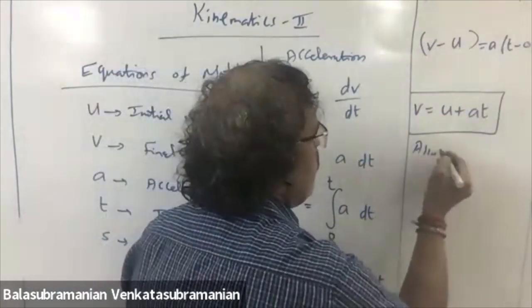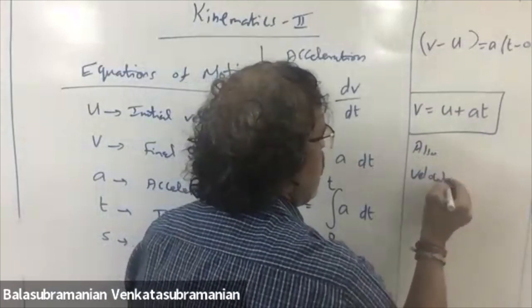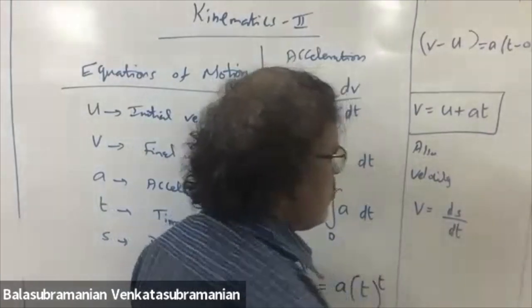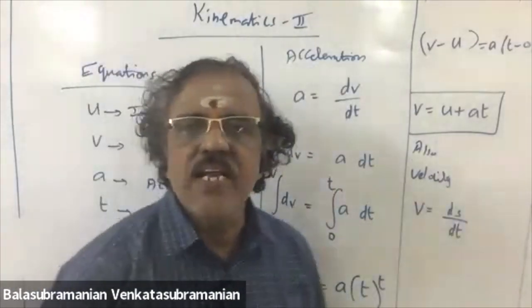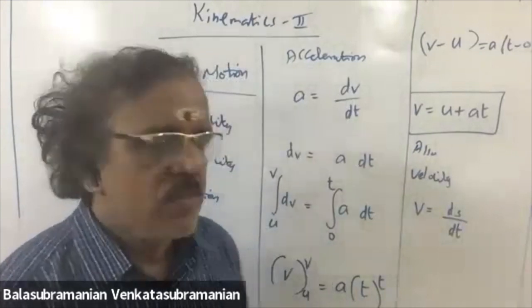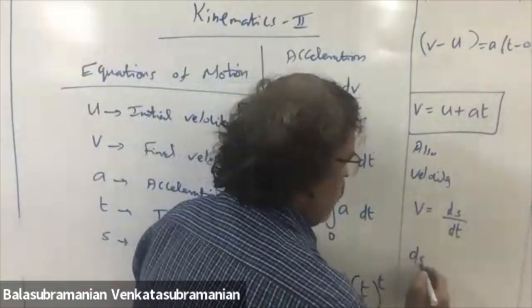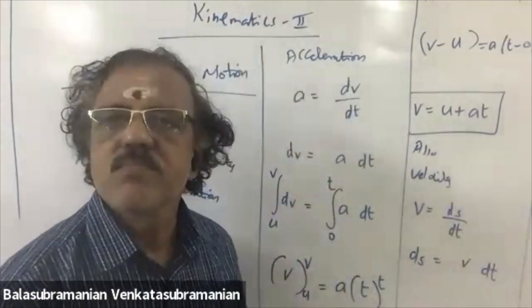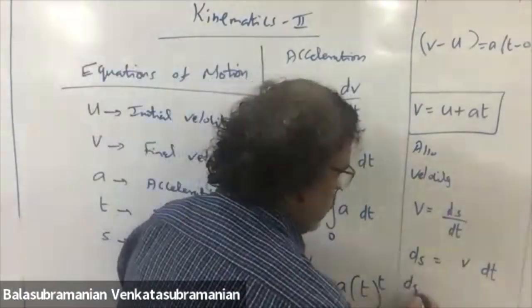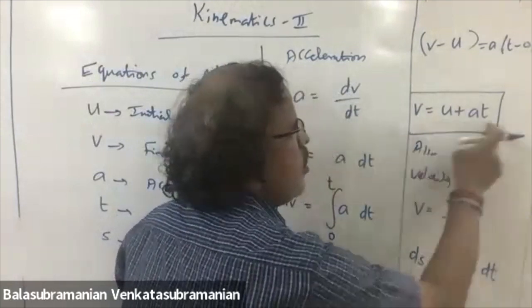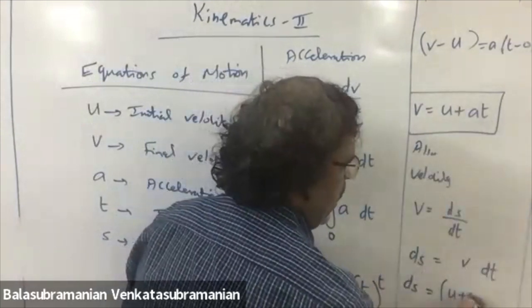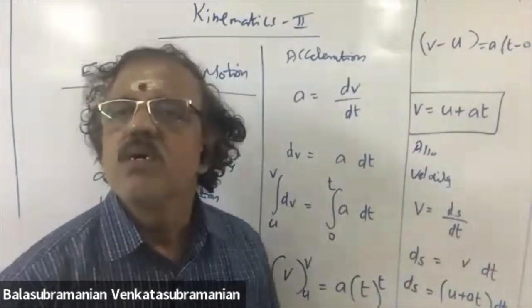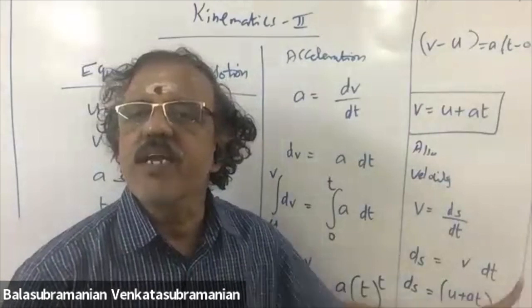Also, velocity v is equal to the rate of change of displacement, ds by dt. ds is equal to v into dt. Cross multiply. ds is equal to, what is v? u plus at into dt.